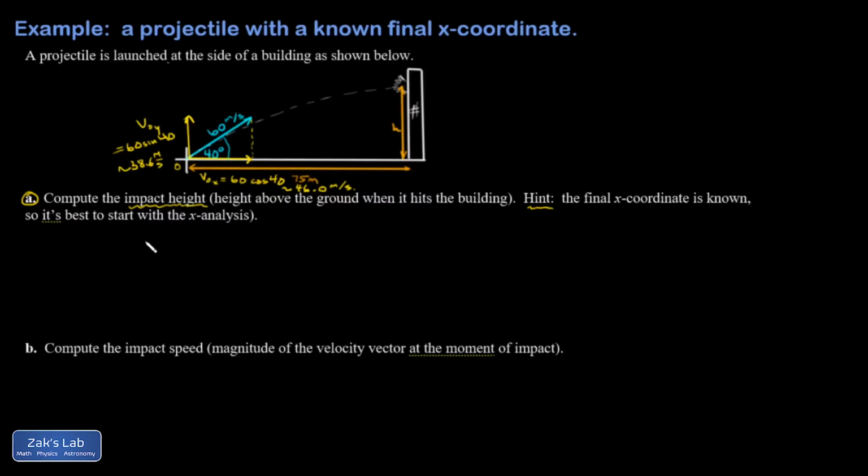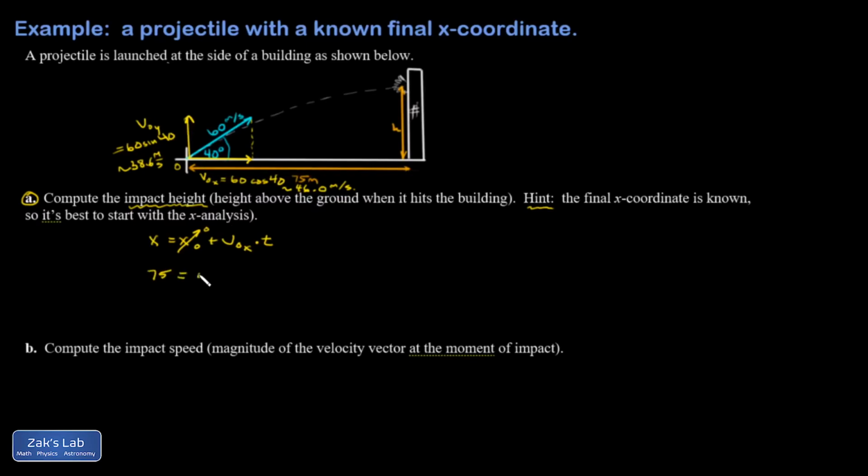So if I write down the x equation of motion, remember there's no acceleration term for the x part because there are no forces acting horizontally in projectile motion. I'm starting from the origin, so that's 0. And my final x coordinate is known at 75 meters.